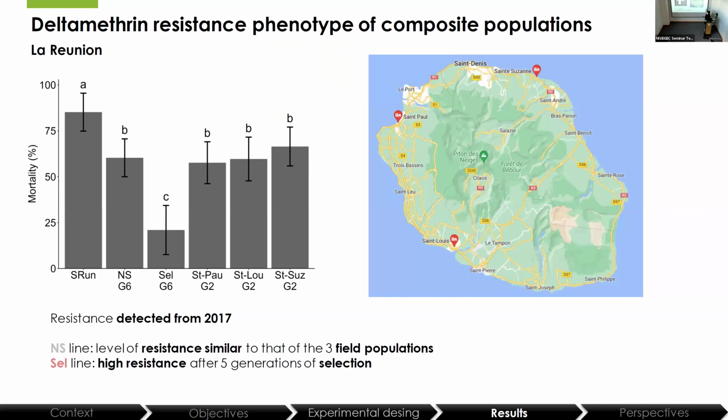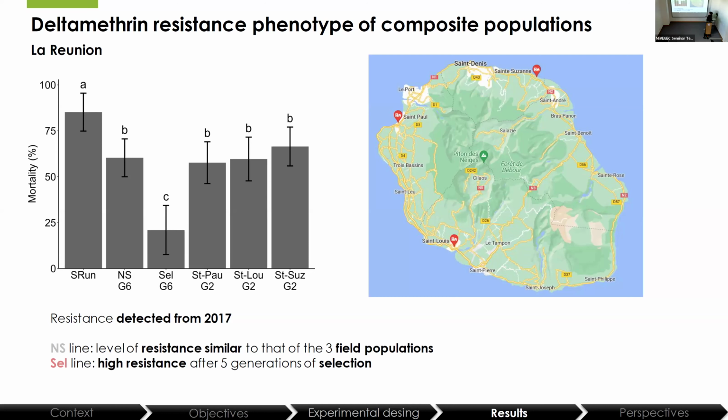In La Réunion Island, the resistance has been detected since 2017, and here you can see that the non-selected line is more resistant than the susceptible reference line, and that the field population has more or less the same resistance phenotype, which is expected.